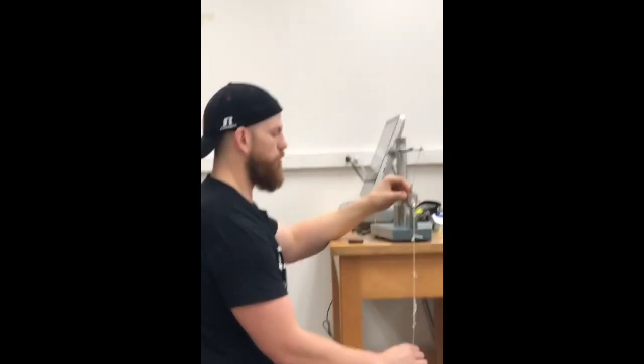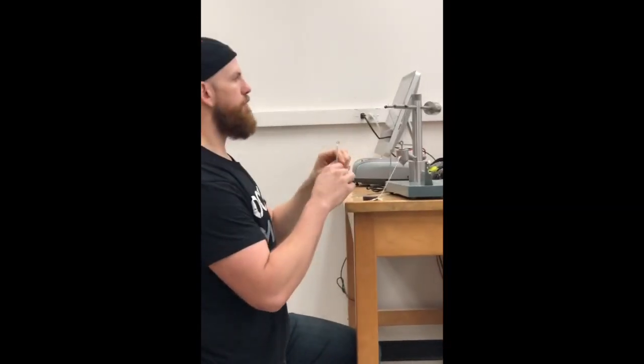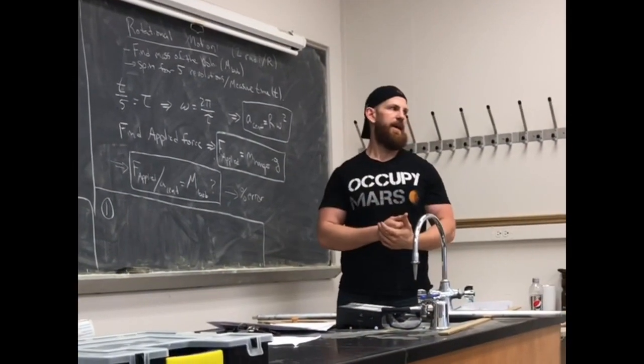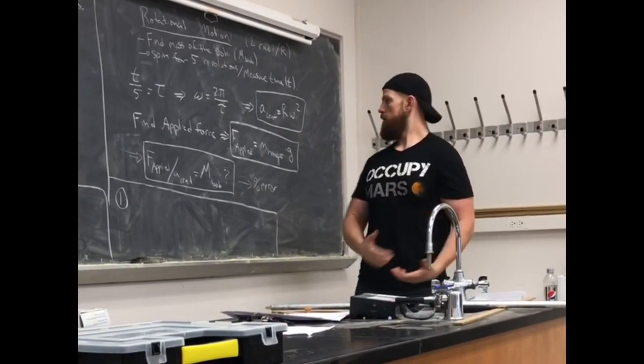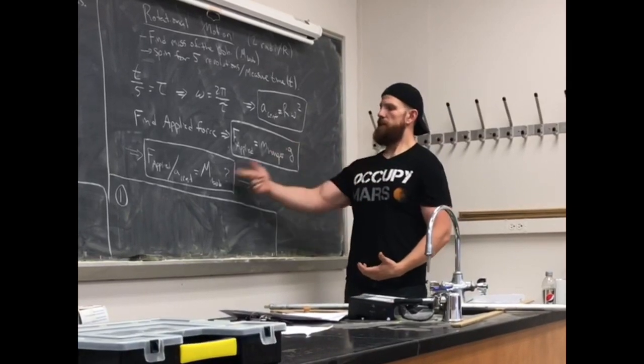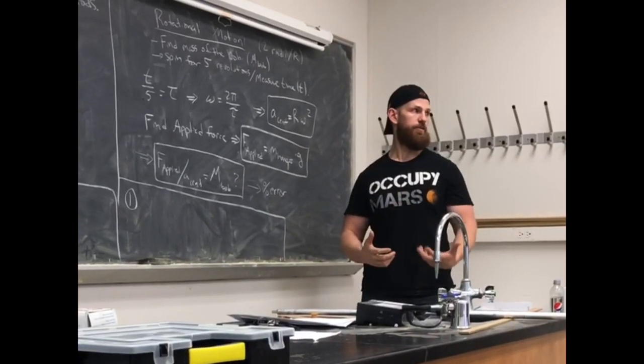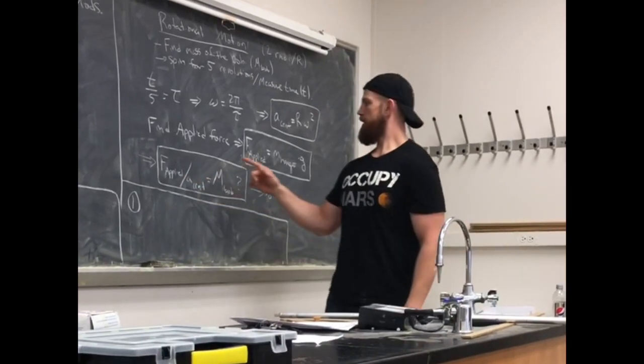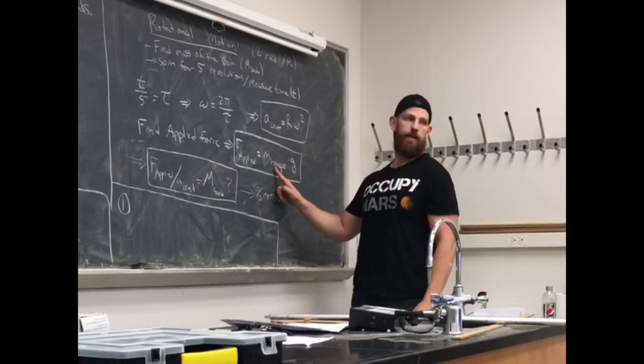Whatever mass you add, remember to count the hanger because it's 50 grams. Whatever mass you add, multiply that by gravity. You don't have to change the mass from grams, because you're just going to get your answer back in grams. Whatever applied force you find is just the mass you put on the hanger times gravity.